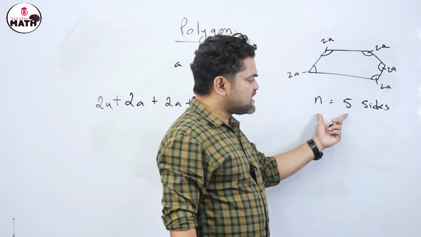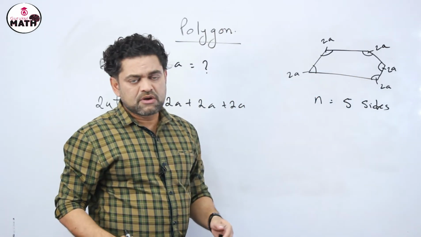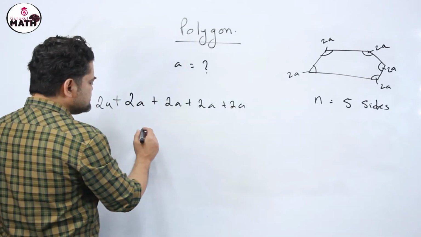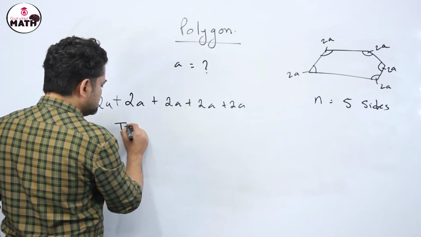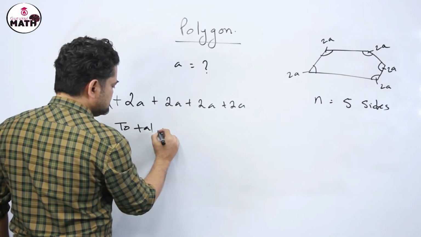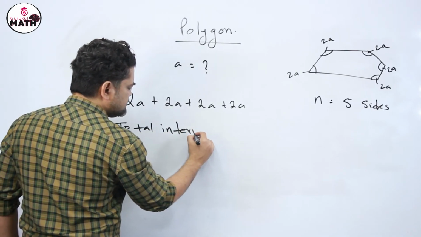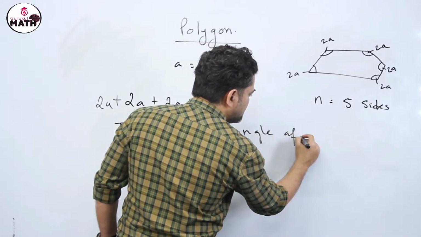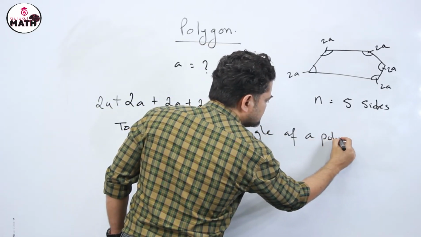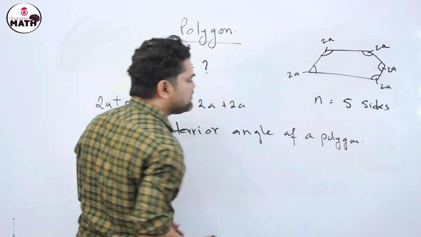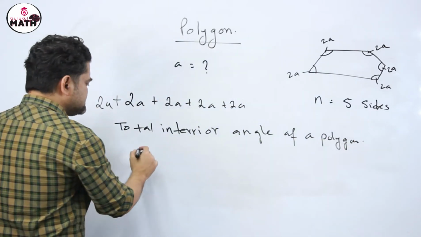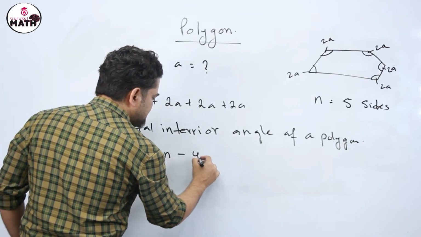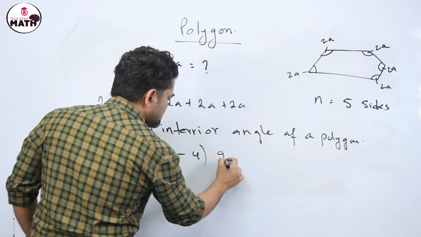It is a pentagon with 5 sides, but I don't know the total interior angle of the polygon. So I will use a formula to find the total interior angle of a polygon. I will use this formula: (2n minus 4) into 90 degrees.